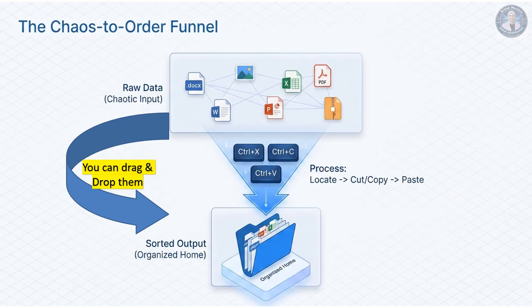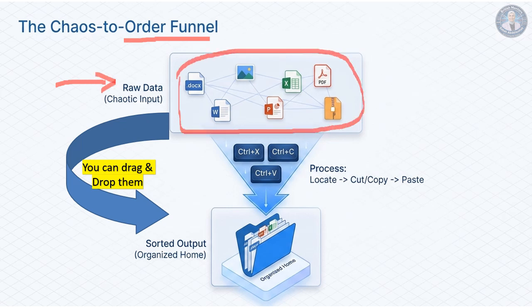Now let's see how we organize files in a practical way. At the top, we have raw data. These are files that are mixed together and not organized. So, step 1, locate the file you want to move. Step 2, decide what you want to do.